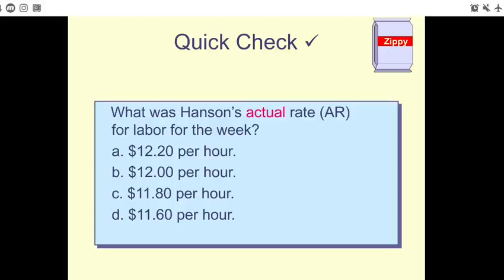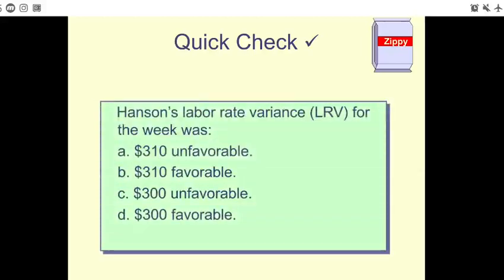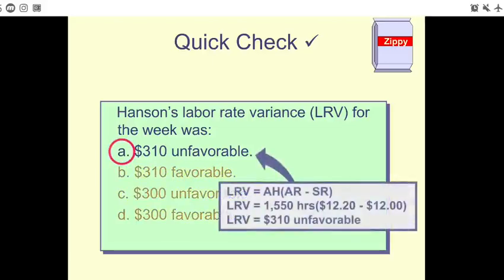First, this slide shows how to calculate the actual rate. Actual rate is easy. You take the actual labor cost divided by the actual labor hour. You will get the actual rate of $12.20. And then the question asks you to calculate labor rate variance. So now you use the formula.